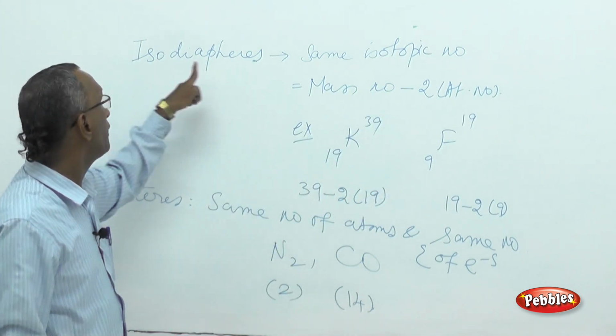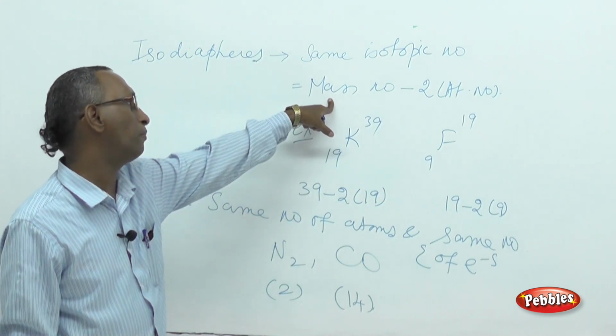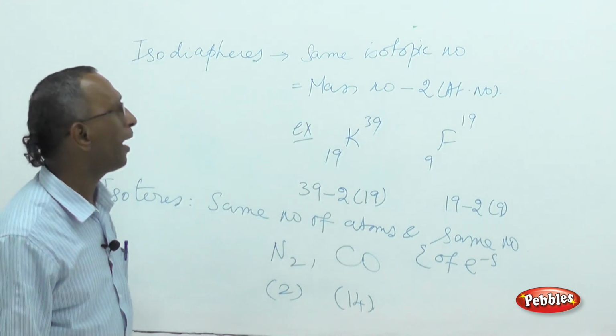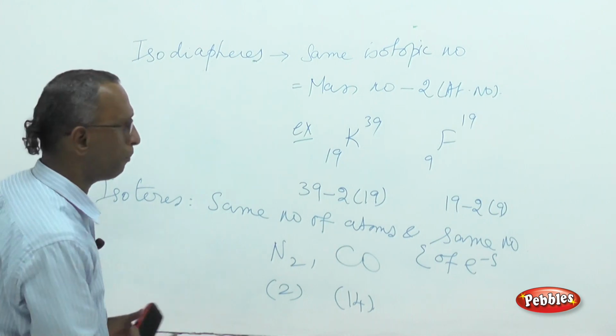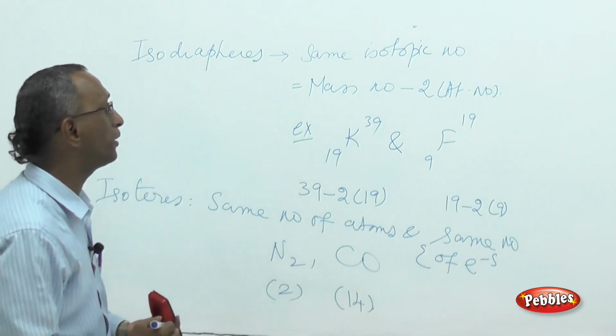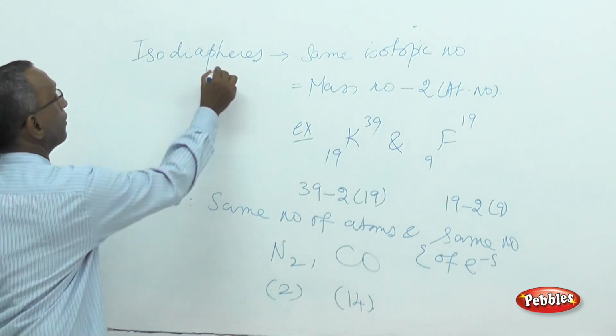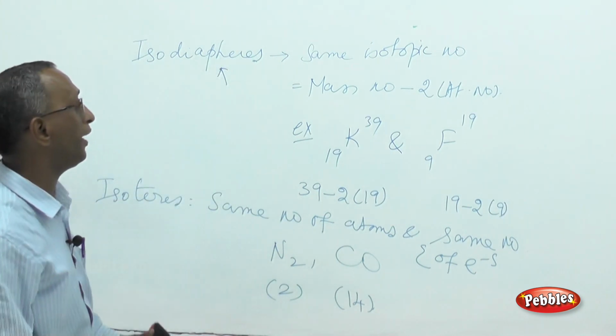If a system contains the same value, that is mass number minus twice the atomic number, for example these two species, potassium 39 and fluorine 19, they are called isodiapheres.